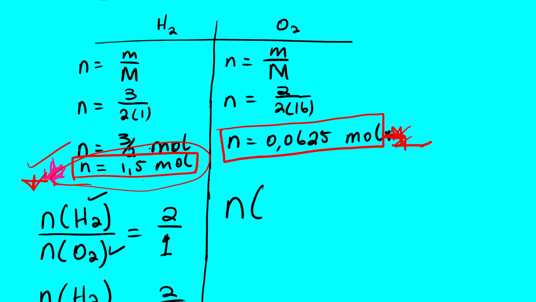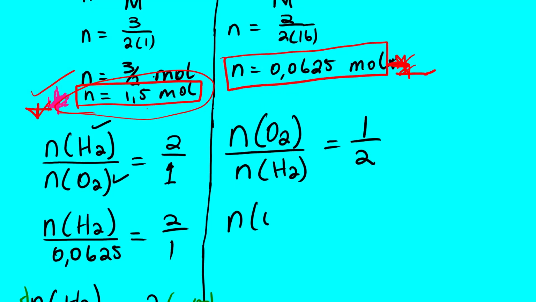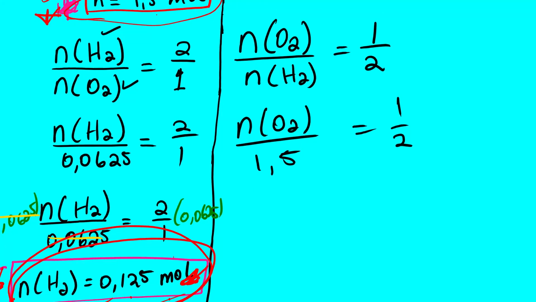So in this case, we are using oxygen. We are trying to calculate oxygen. So the numerator, we put oxygen, number of moles of hydrogen, equals 1 over 2. From there, we have O2 over 1.5 equals 1 over 2.